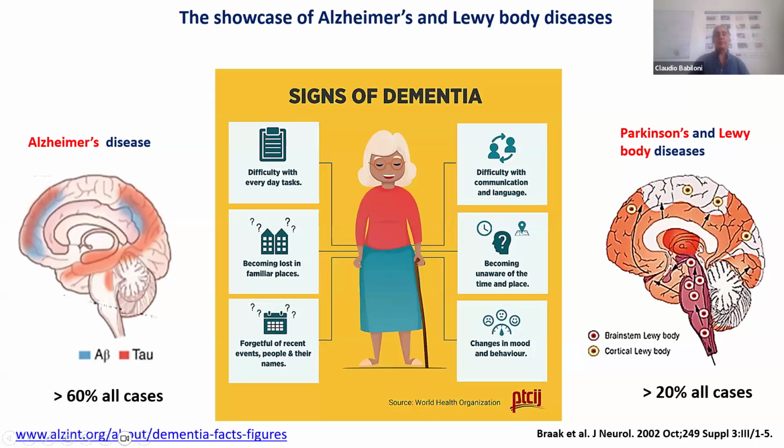The most severe form of cognitive deficits are classified as dementia. Dementia means severe cognitive deficits, memory, frontal executive functions, or visuospatial skills, language, for example. And when these cognitive deficits affect the activities of daily living.